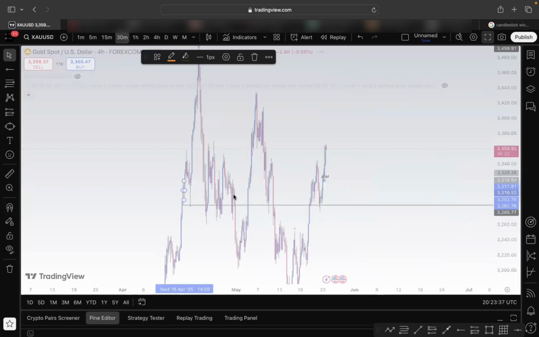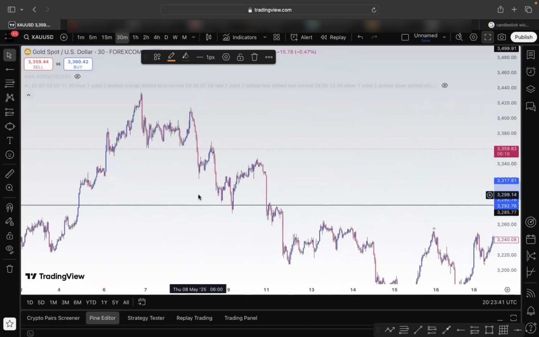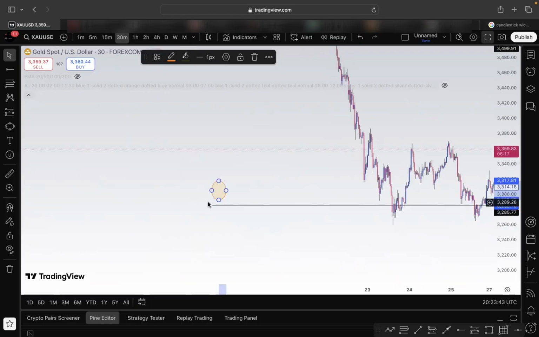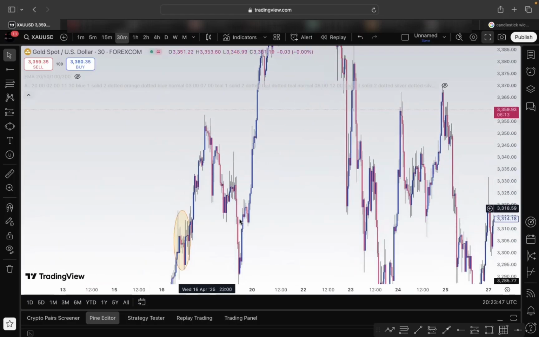Okay, so 30 minutes. Now we should see. Beautiful, so it's here. Now you could see the high and the low.